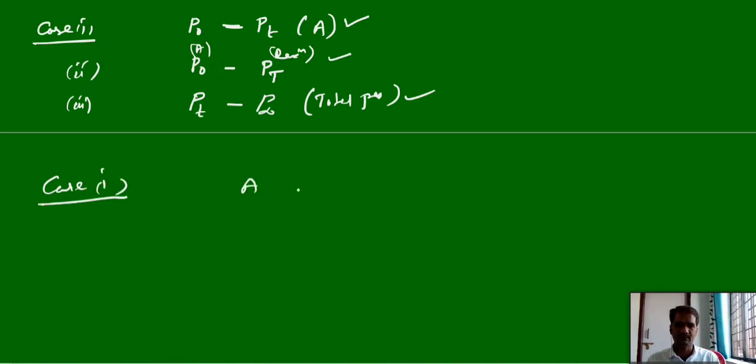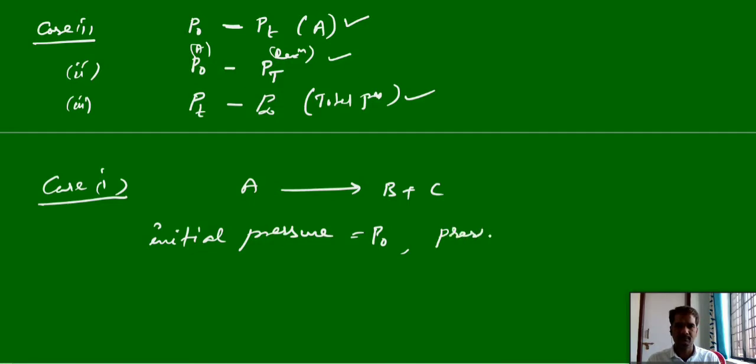Let us take that reaction: A gives rise to B plus C, and here the initial pressure of the reaction is P naught, and the pressure of the reactant at a time t is given as Pt.